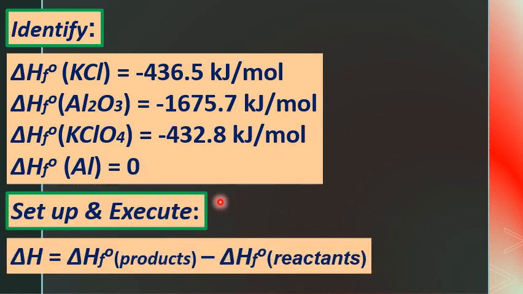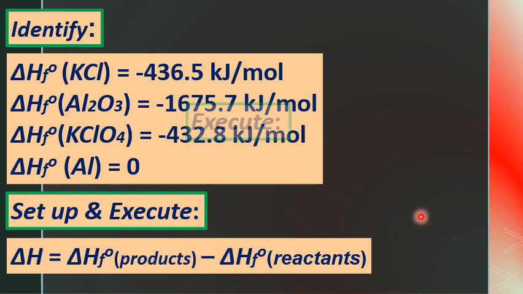In getting the change in enthalpy delta H, we just subtract the sum of the standard delta HF of the reactants from the sum of the standard delta HF of the products.